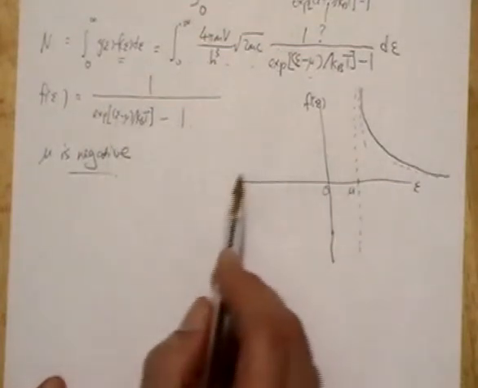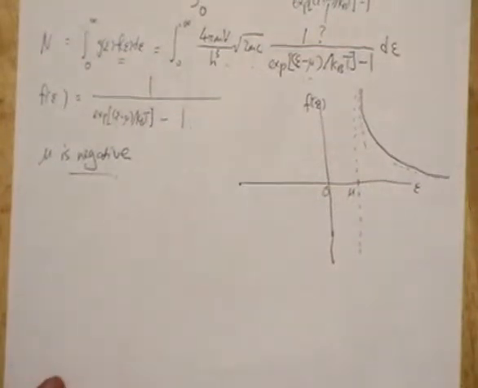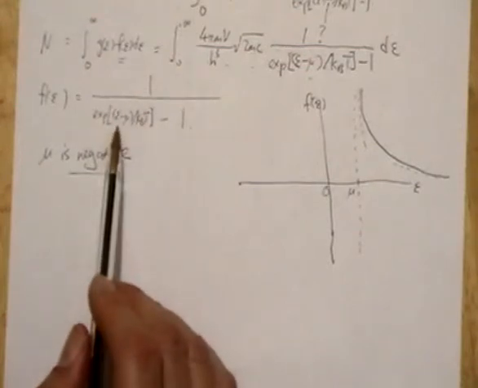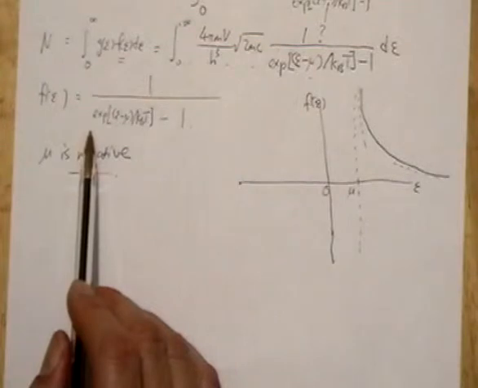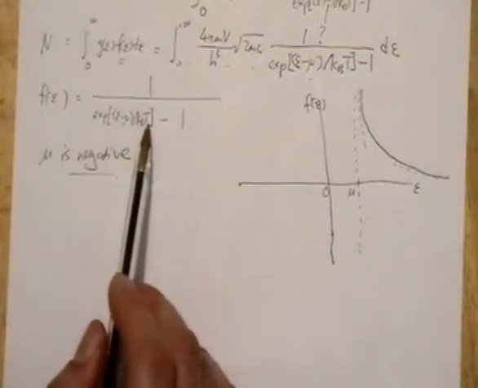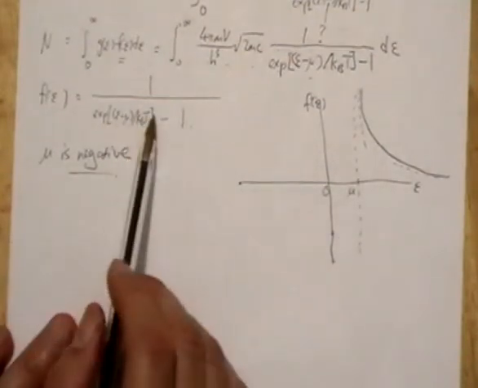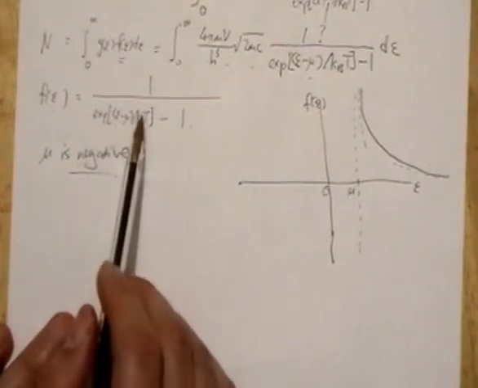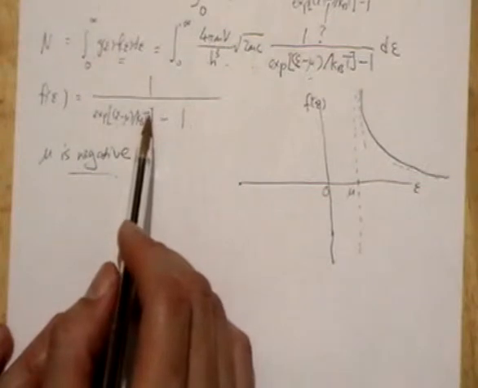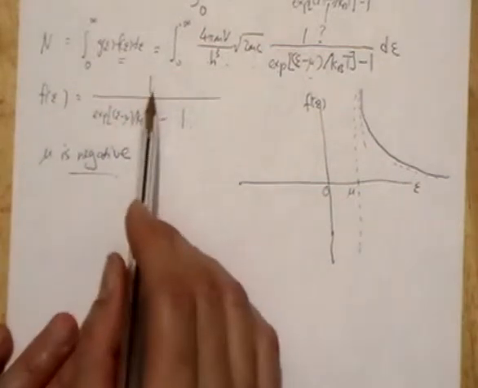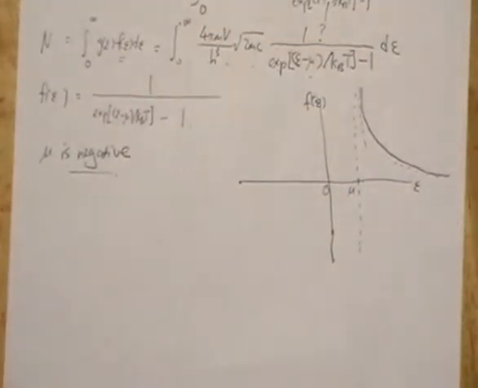And as E gets more and more negative, we would expect this to get more and more negative. So E to the power of a negative number, as that number gets bigger and bigger, gets smaller and smaller. So that would tend towards 0, and Fe would tend towards 1 over minus 1.